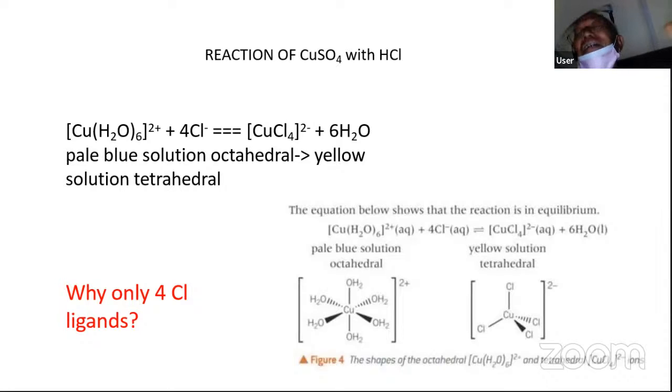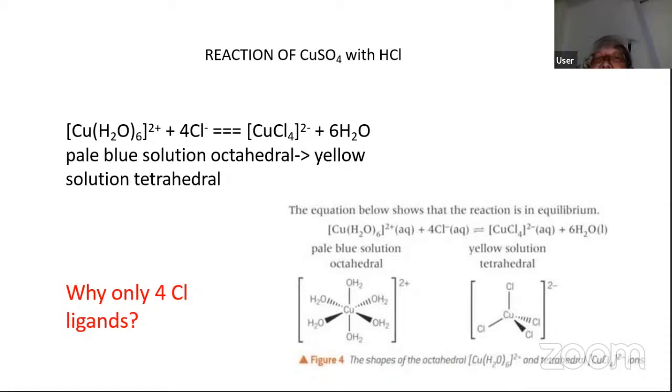So there's a change in the geometry from octahedral to tetrahedral. Then you ask yourself, why is this happening? After regular students have studied this, they write the equation. This question is very valuable, as I told you. In 1918, this was SN2 or SN3 material, but not today, because you can read it from the book.